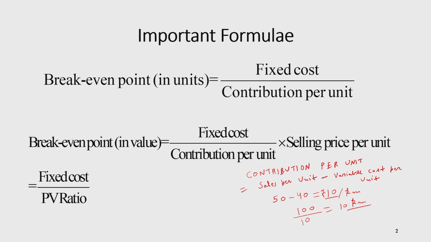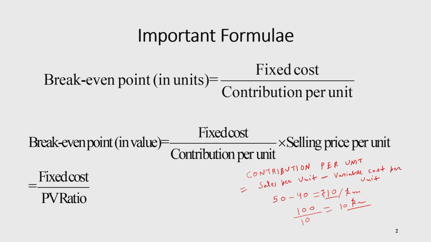But if I want the break even point in value, that means in terms of money, how much I should get from the customer, then you have another formula also: break even point in value is fixed cost divided by contribution per unit into selling price per unit.